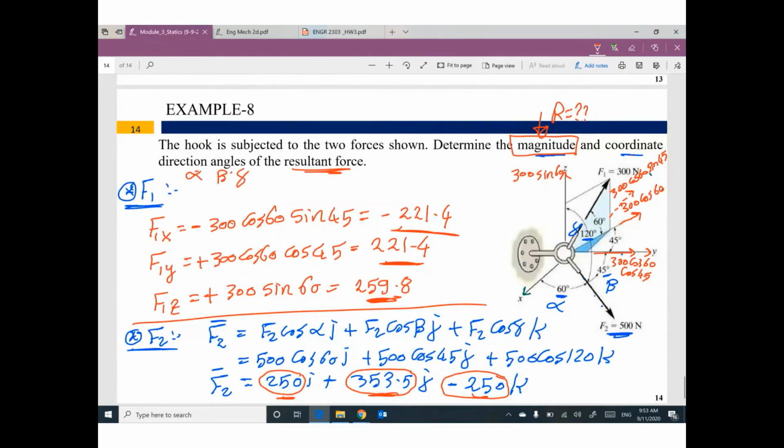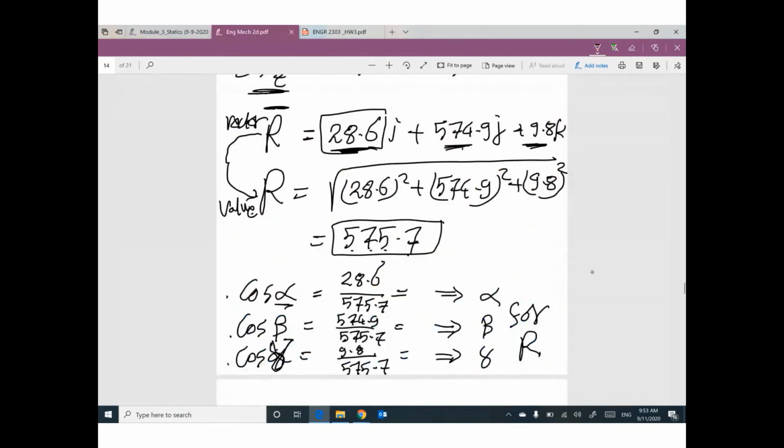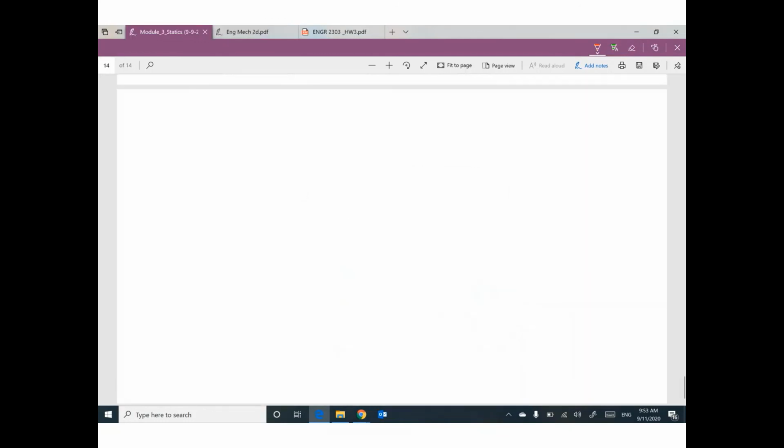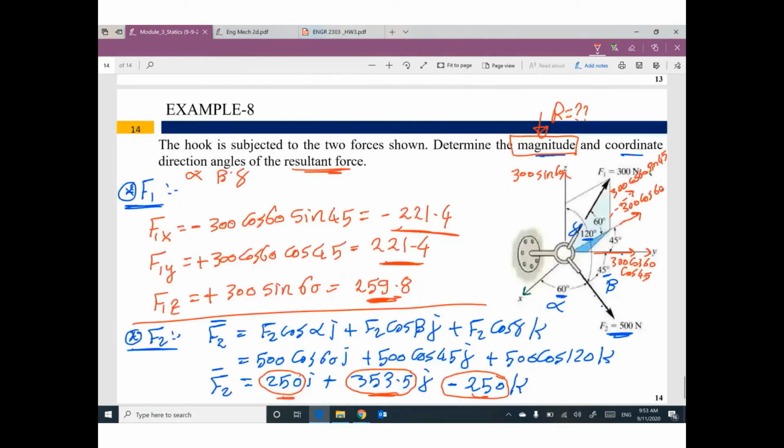We just need to take the x component of this resultant, divide by R, the y component divide by R, the z component divide by R. I can get cosine alpha, beta, gamma. Inverse cosine, I can get alpha, beta, and gamma. Any question?